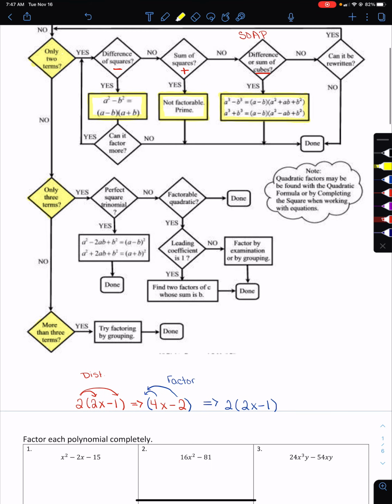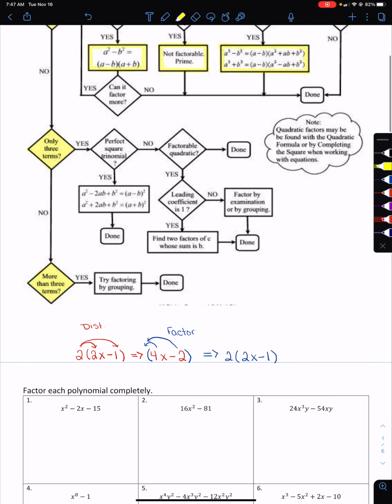If it's 3 terms, so maybe it's not 2 terms, maybe it's a trinomial, is it a perfect square trinomial? And if you're not sure whether it's a perfect square trinomial or not, then you can always just go ahead and use the methods for factoring, like the diamond method or the quadratic formula or completing the square.